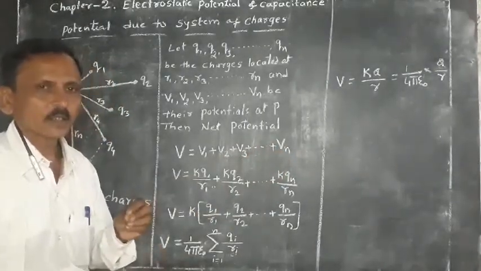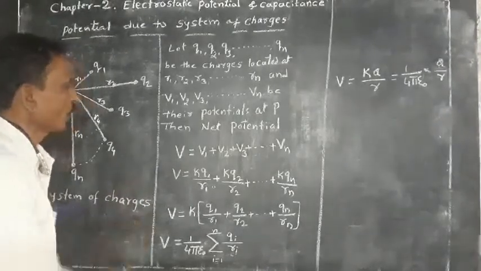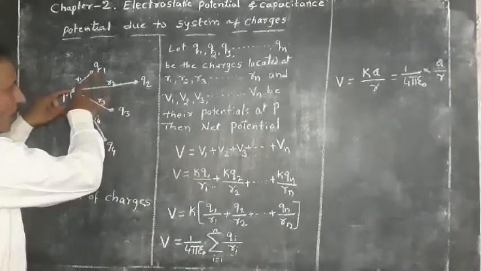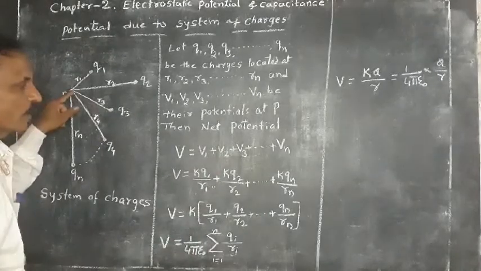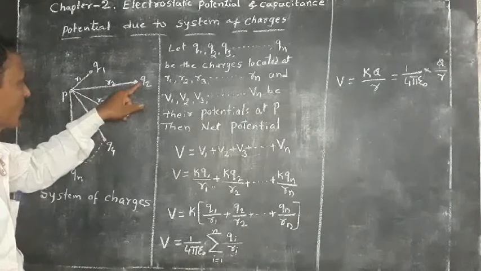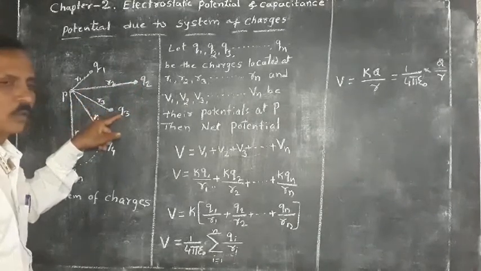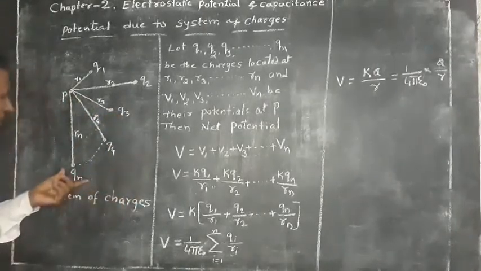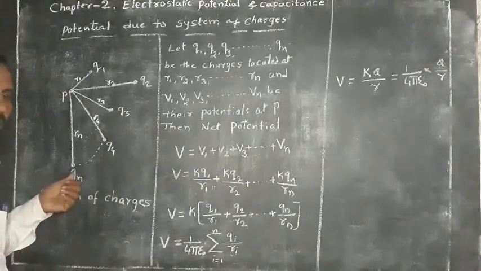But we know that Phi equal to Kq upon R. Therefore, Phi1 is equal to K Q1 upon R1, Phi2 equal to K into Q2 upon R2, Phi3 equal to K into Q3 upon R3, and so on, Phi n equal to K Qn upon Rn.